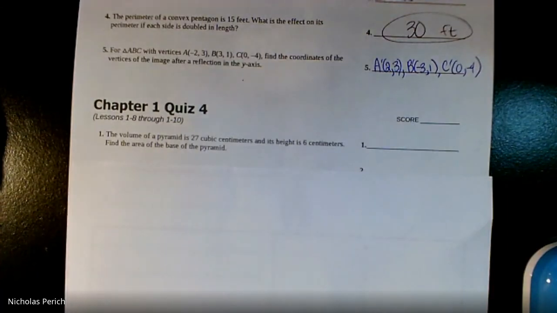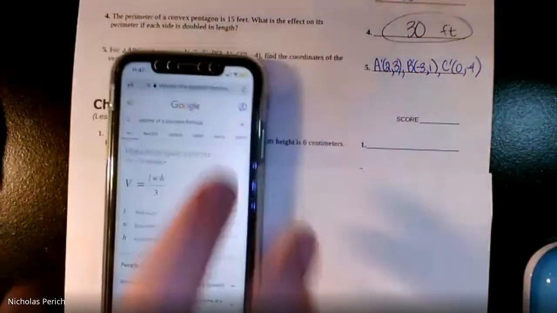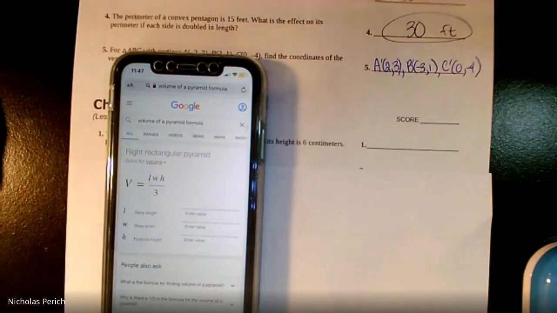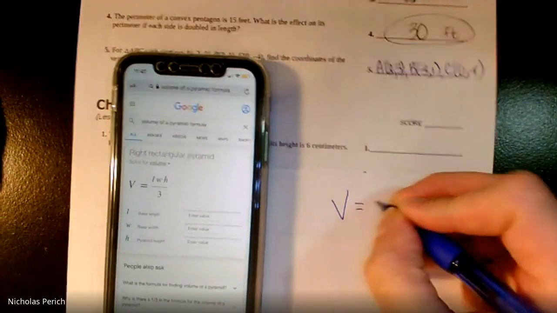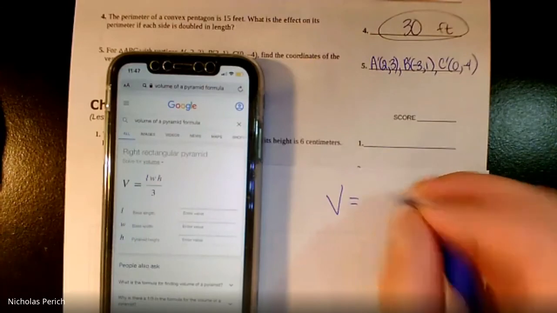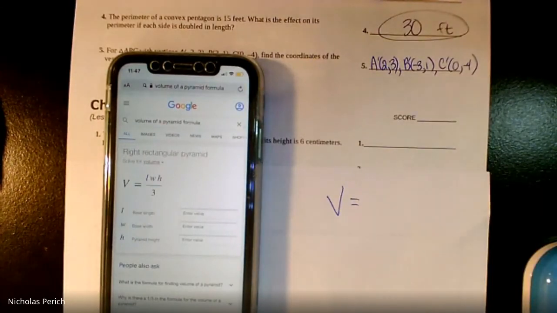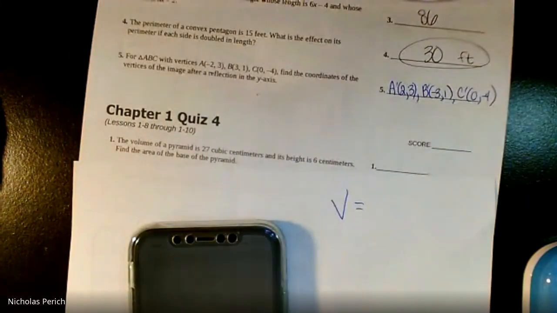All right, so the volume of the pyramid formula is V equals length times width times height divided by 3. That's super convenient.